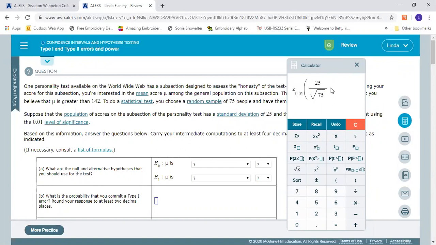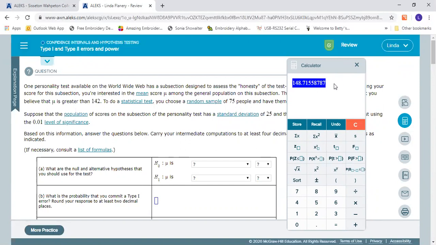I'm going to close my parentheses there. I'm going to add my mu sub 0 value, which is the 142 that I was trying to see if I'm greater than. So adding 142 to that, I get 148.7155. I'm not going to round that off.